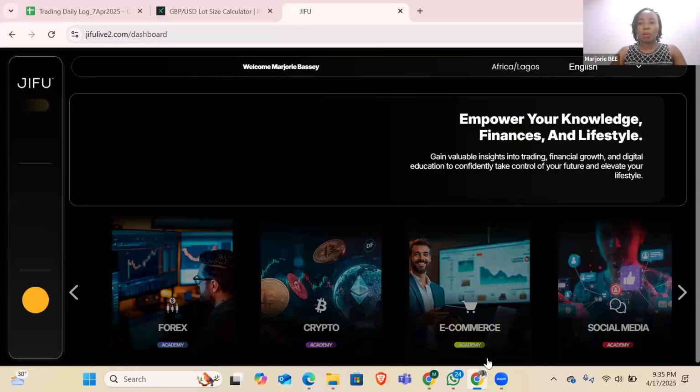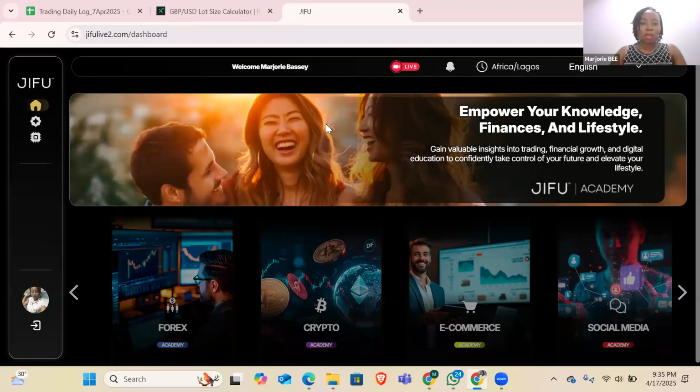Before we go to the scanners, if you're new, I just want to give you a very quick tour of the JIFU platform. This is where you'll be interacting with the scanners, where you'll be able to log in to see your educators live and join the academy and learn.